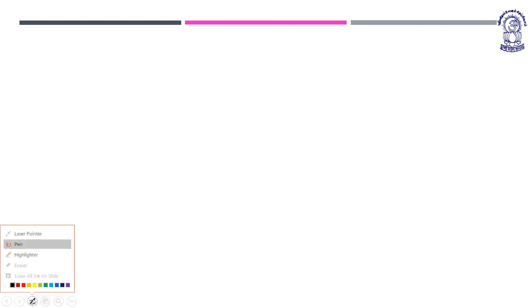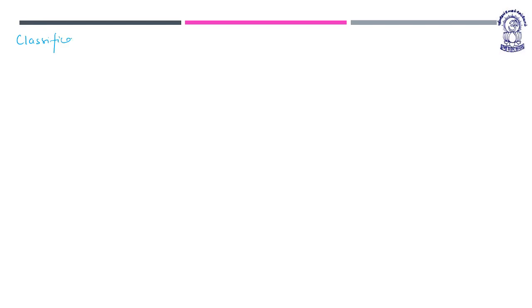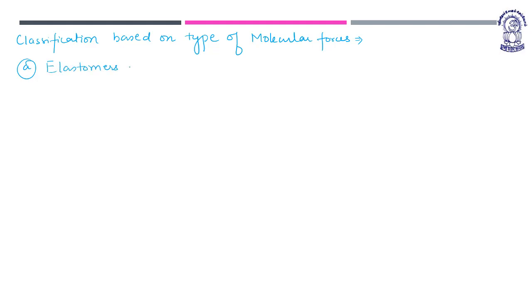The next classification is based on the type of molecular forces. So based on this, there are elastomers.